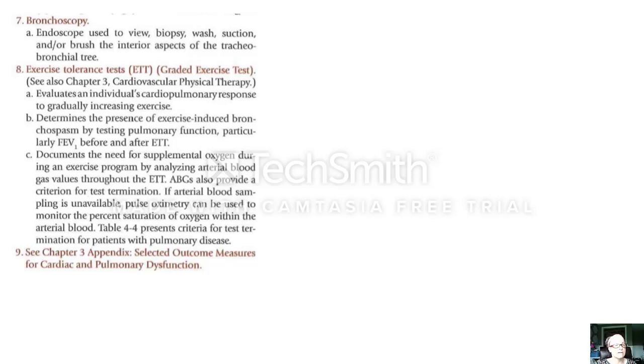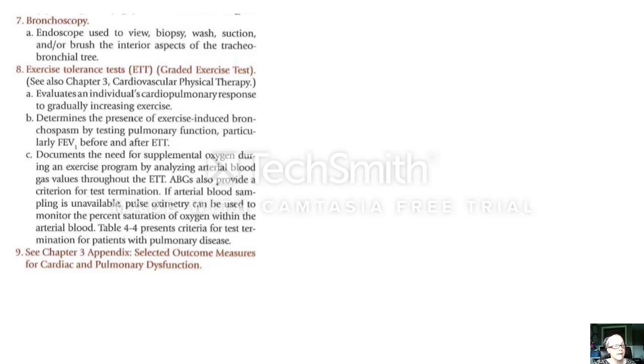Determines the presence of exercise-induced bronchospasm by testing pulmonary function, particularly FEV1, before and after exercise tolerance test. Documents the need for supplemental oxygen during an exercise program by analyzing arterial blood gas values throughout the exercise tolerance test. ABGs also provide a criterion for test termination.